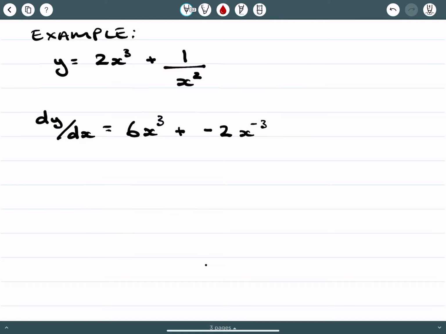Now, I know that some of you may be asking, where did this expression come from? Well, it's come from here. If I expand this expression, I would write it as 2x cubed plus x to the negative 2.